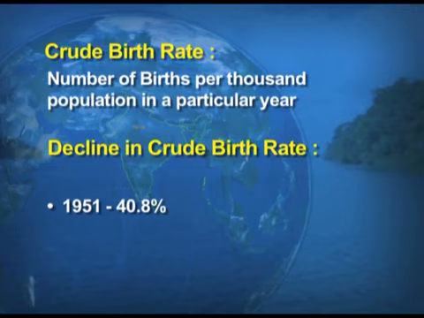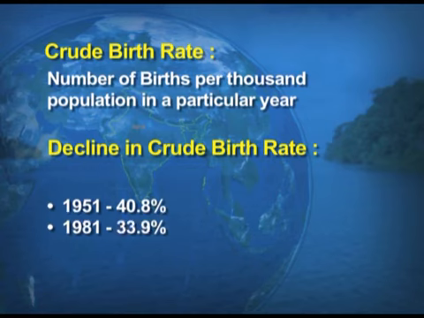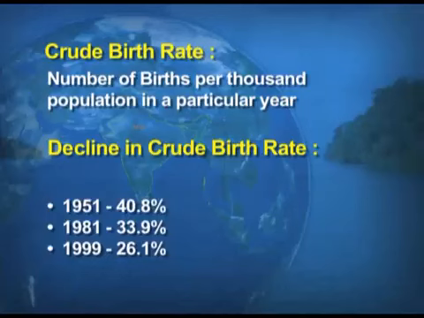Look at the data. In 1951, the birth rate was 40.8, which reduced to 33.9 in 1981, and there was a further decline in the birth rate, that is 26.1 in the year 1999.